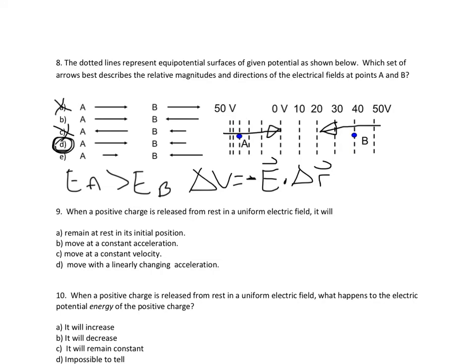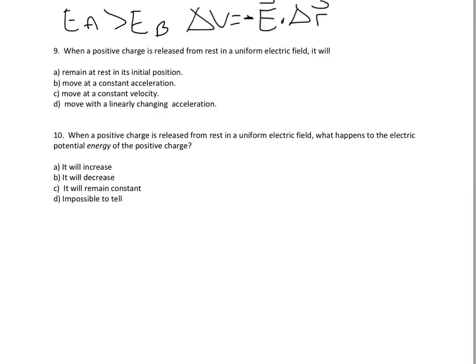The last two problems here are just some simple questions to think about concerning the motion of a charge in an electric field. The first one is pretty simple. We know that the force on a charged particle is equal to its charge times the electric field. That's the fundamental relationship which is applicable here.